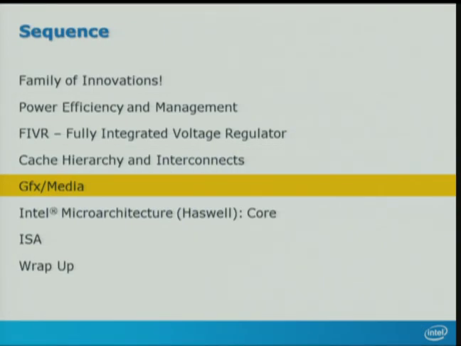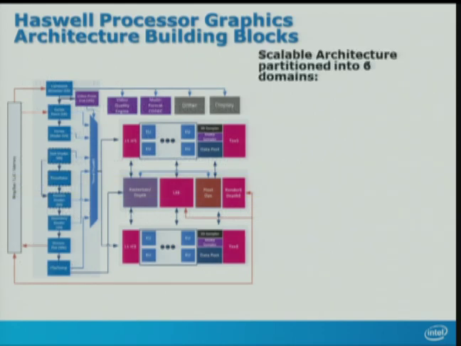OK, graphics media. We did a number of optimizations because we're providing essentially 3 levels of graphics size. You saw those die photos, or the pictures, on the first slide. We've built the graphics block and the media block such that you can scale it. It's broken down into 6 scalable domains.